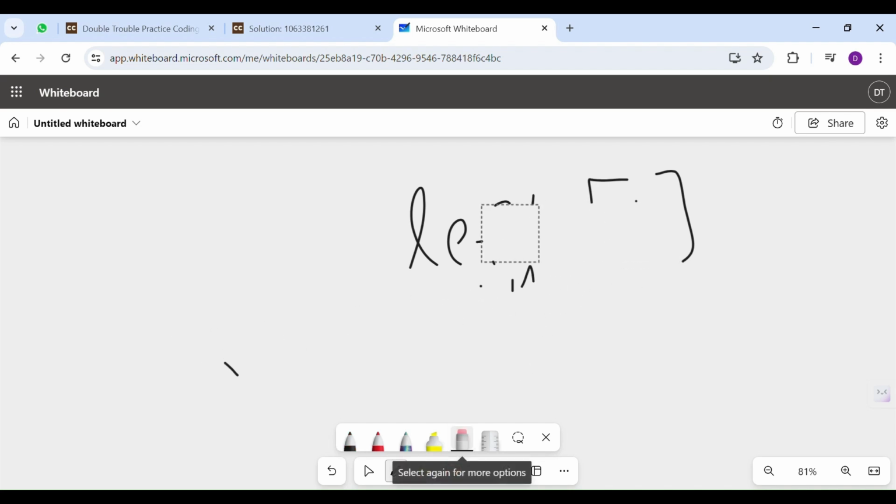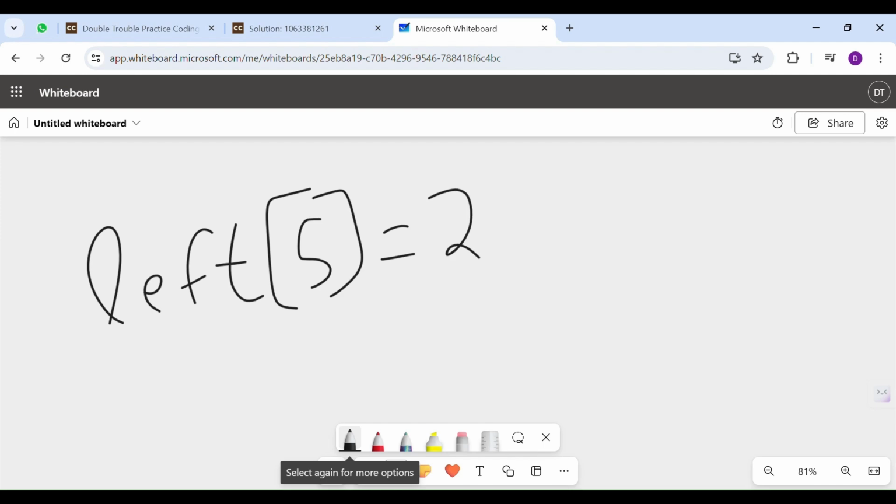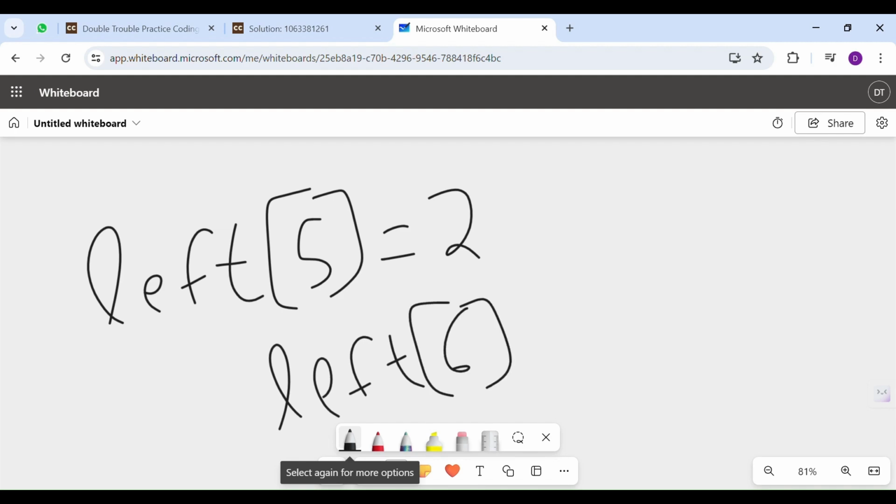Now, let's say I have left of 5 equal to 2, which means if I activate the fifth ball, it can go till the second ball, and I want to find the value of left of 6. Then I just need to check if the sixth ball can activate the fifth ball.